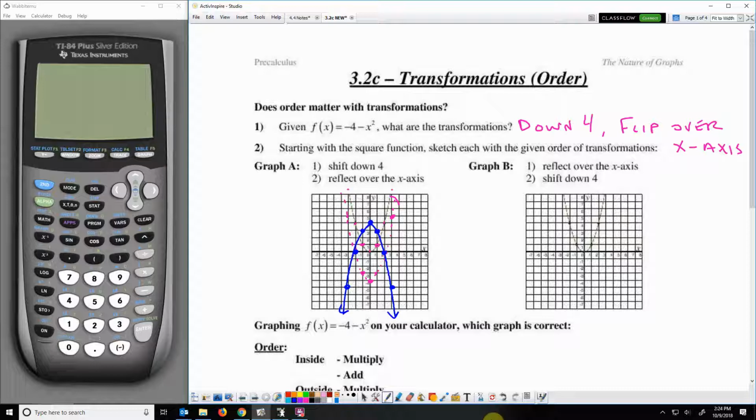Now this time we're going to do the reflection first and then shift down 4. Okay, so this point is going to stay right there. These 2 points that are 1 above are going to go 1 below. The 2 that are 4 above are going to go 4 below. And way up here, 9 above are going to go 9 below.